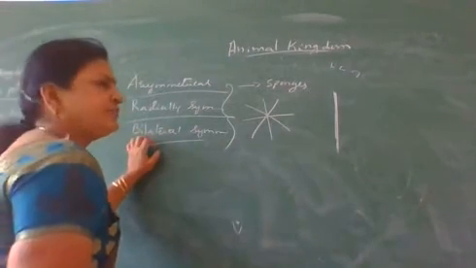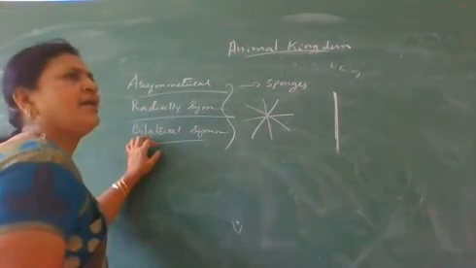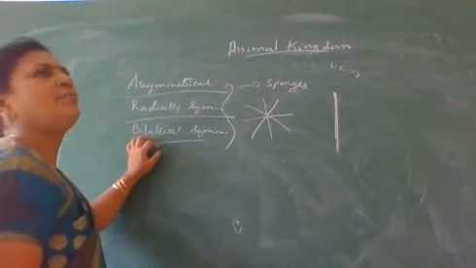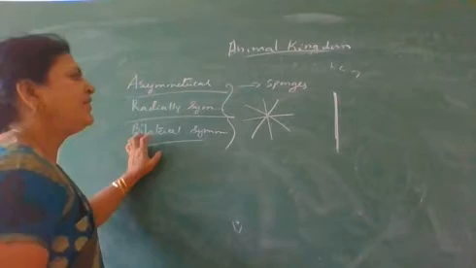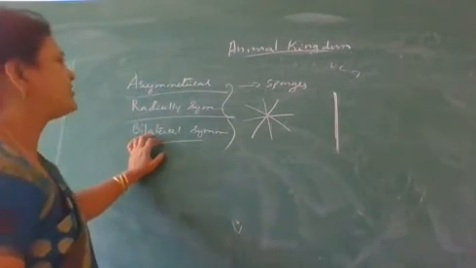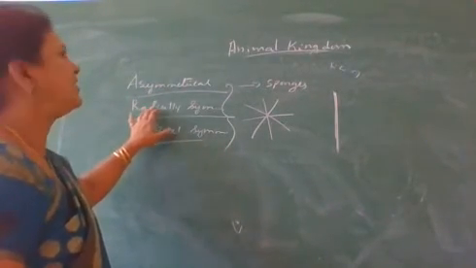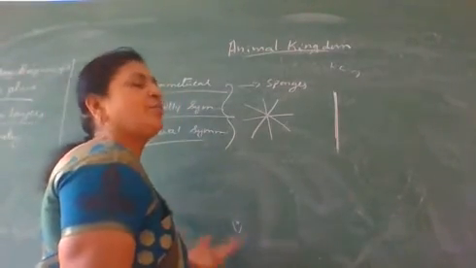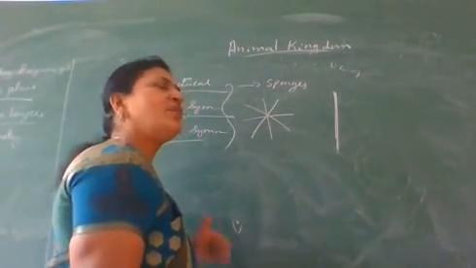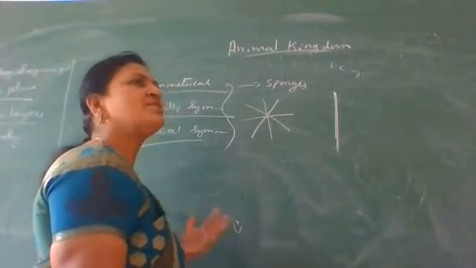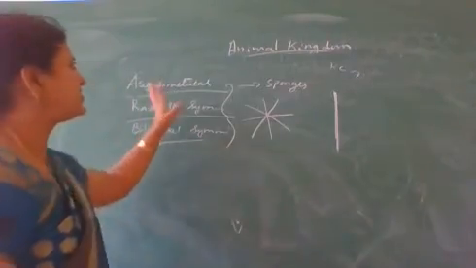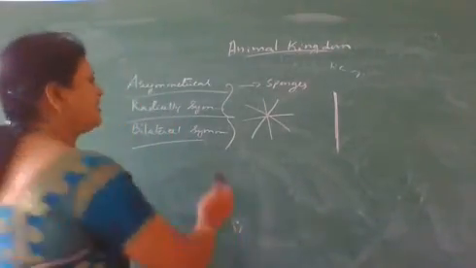When the plane of division passes through any plane of the body axis and gives two equal halves, that is radially symmetrical. If it does not produce equal halves through any plane of the body axis, that is asymmetrical.